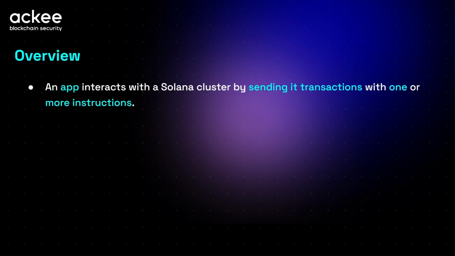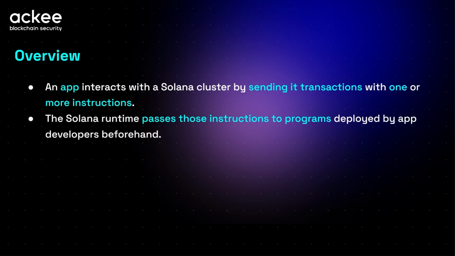So it starts with an app that interacts with the Solana cluster by sending it transactions. Transactions can contain one or more instructions. The Solana runtime passes those instructions to programs deployed by the app developers beforehand.